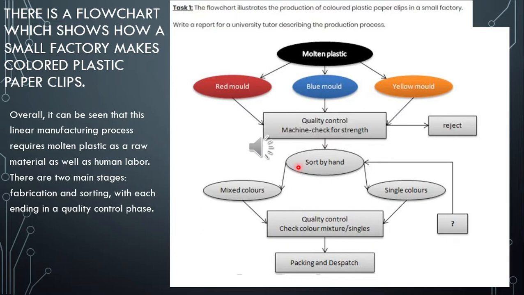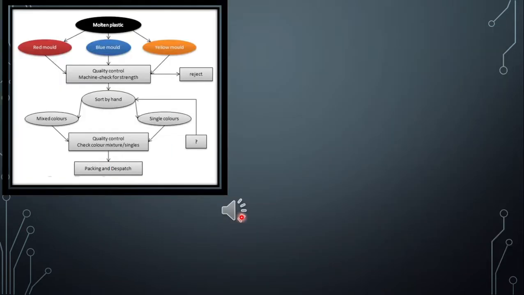"There are 2 main stages: fabrication and sorting, with each ending in a quality control phase." So in this overview, I have described the process in general. I have identified the 2 main stages, and I have made a comparison by saying that they both end the same way. Let's hear how our candidate did.